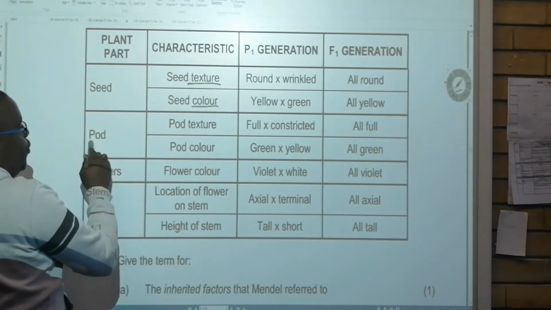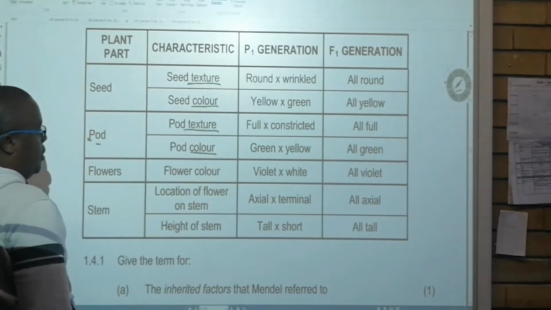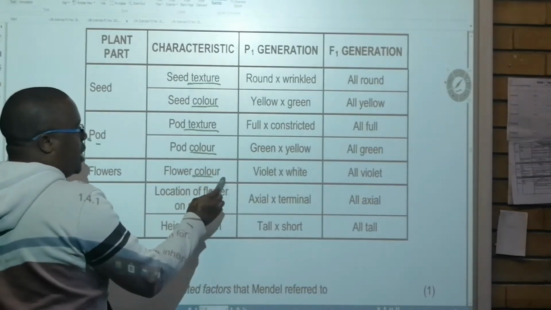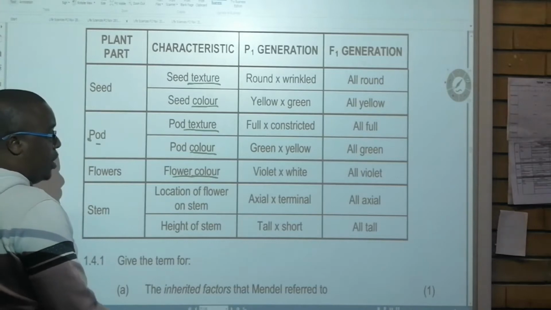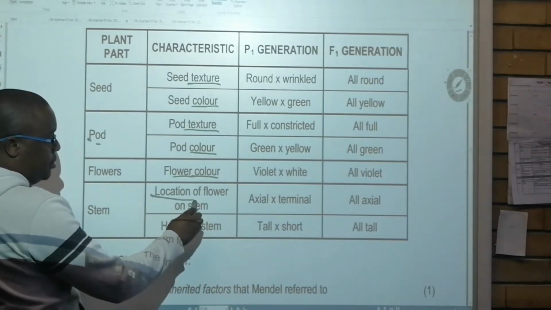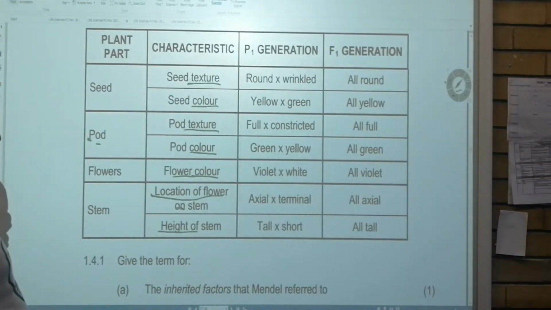For the part of the pods, he looked at what? Texture and color. For flowers, he looked at flower color. And then for stem, he looked at what? Location of flower on stem and also height of stem. Hope that makes sense.